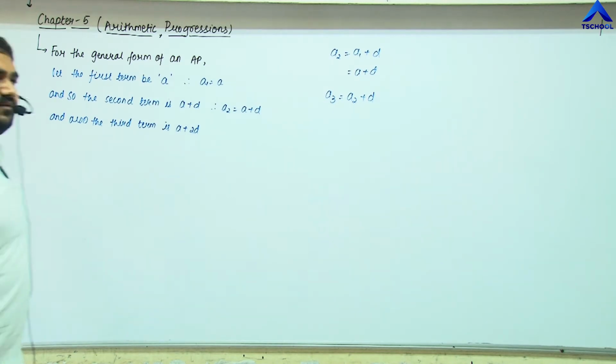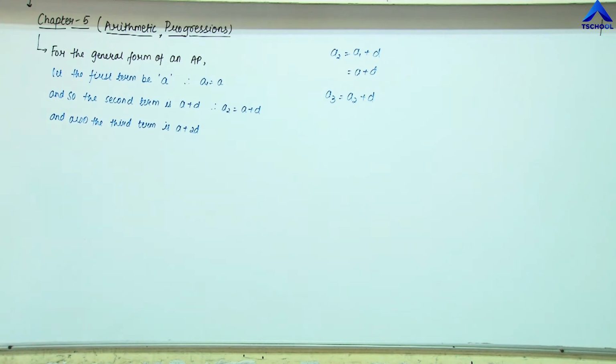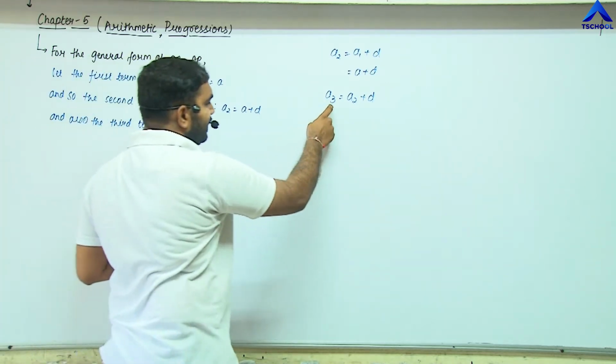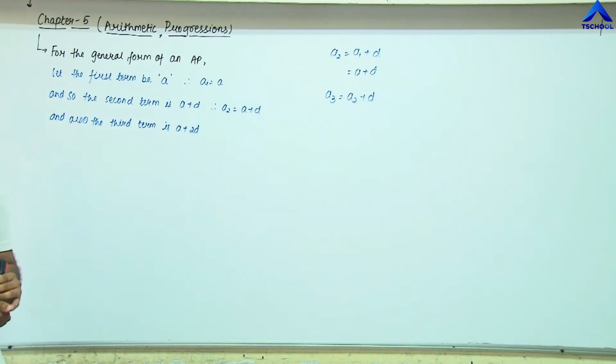It is a list of numbers which is obtained by simply adding the fixed number to its preceding term or preceding number. So what is the preceding number to A3? A2, and we shall add D to that A2.